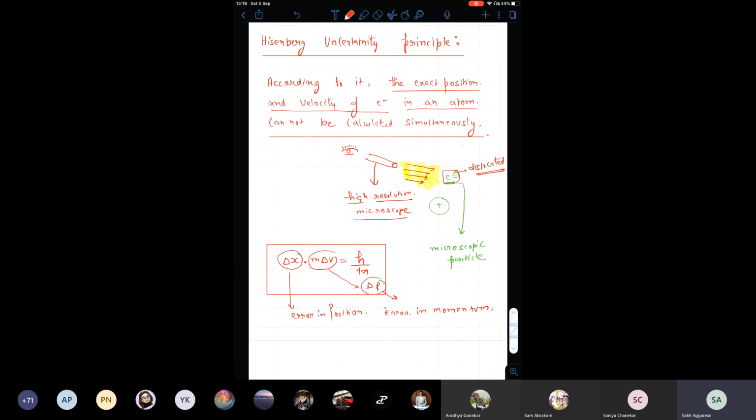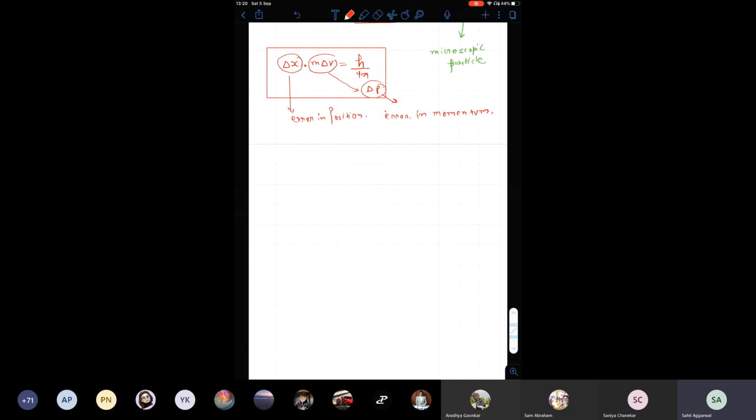Velocity will remain constant unless and until you apply some external source to it. जब तक नहीं लगाओगे तब तक velocity सेम रहेगी. जैसे ही लगाओगे वो velocity change हो जाएगी. So I can say delta x dot delta p is equal to a constant.